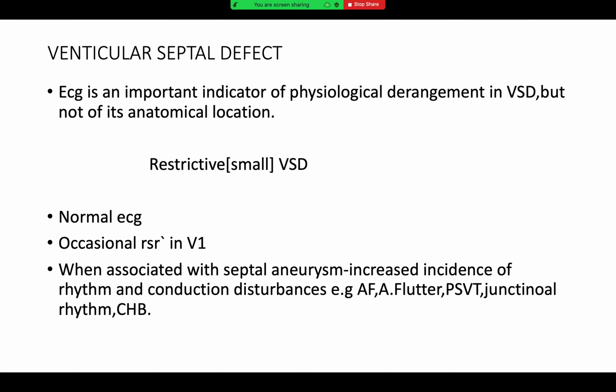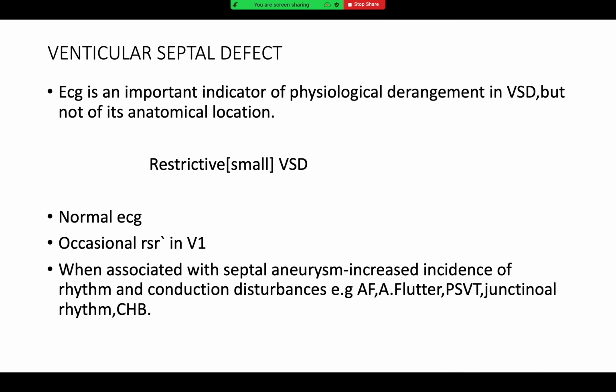So there can be different types of that. If a patient is having a restrictive VSD, most commonly it may even have a normal ECG, but in the V1 ECG you can notice an R-dash pattern. And if it is associated with septal aneurysm, there can be increased incidence of rhythm and conduction disturbances.